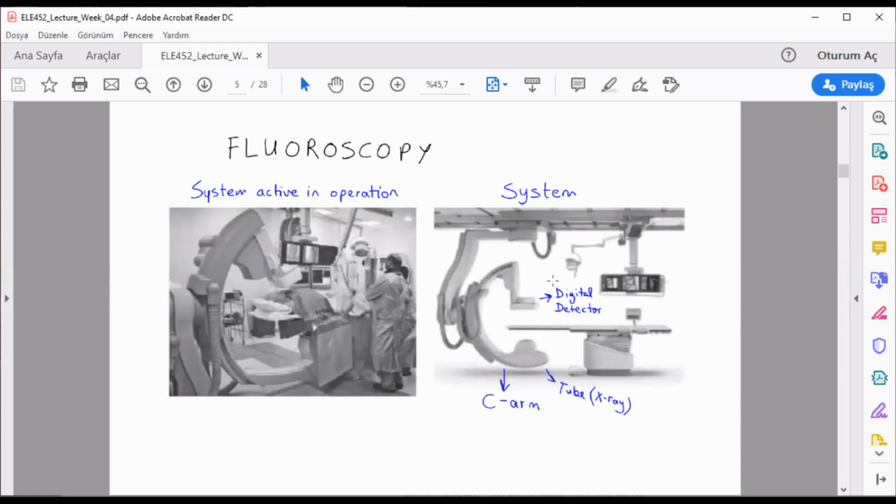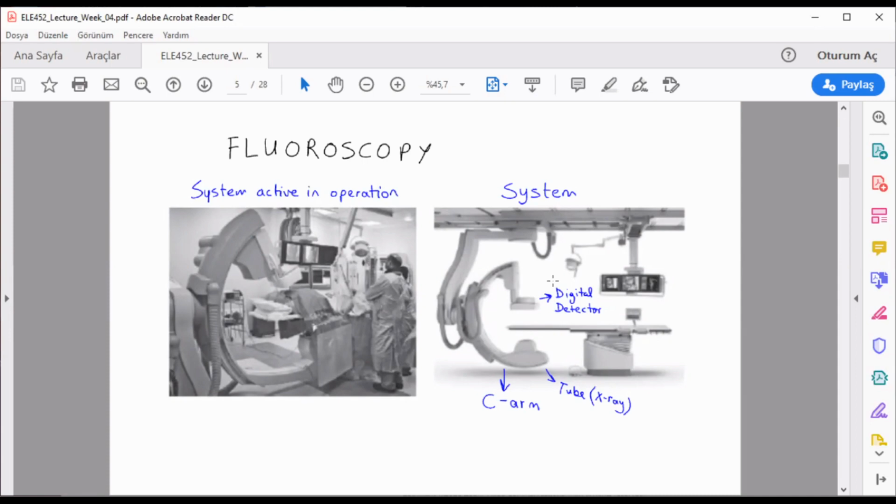Another system is called fluoroscopy, which is also utilizing X-rays. There are 2 pictures on the slide. The picture on the left side shows the imaging system used in a real operation.